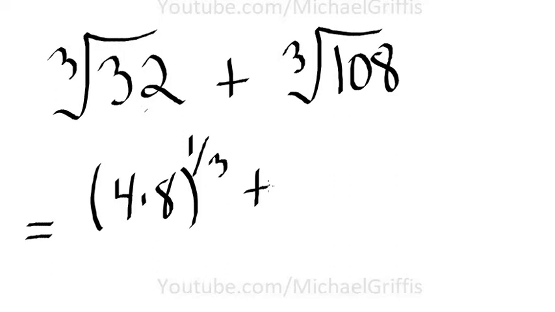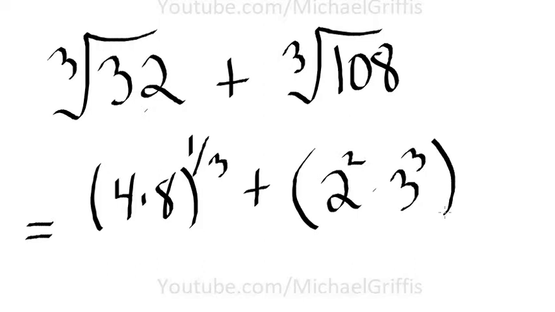Let me think about this for a second. 27 is... let's see. Yeah, I think 2 squared times 3 to the 3rd power, all raised to the 3rd.